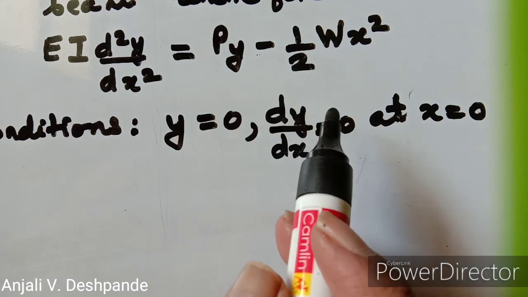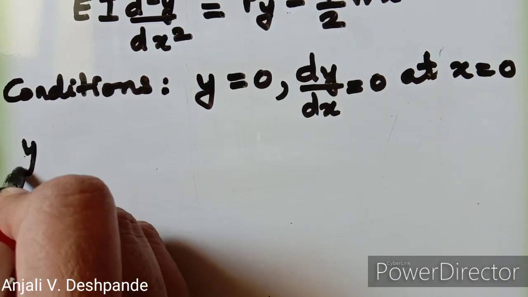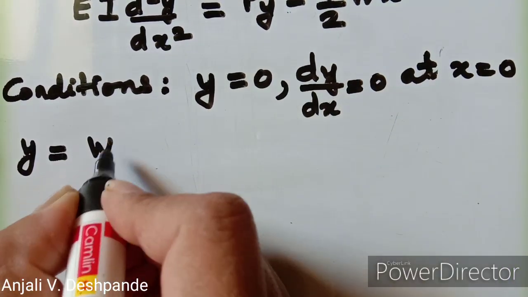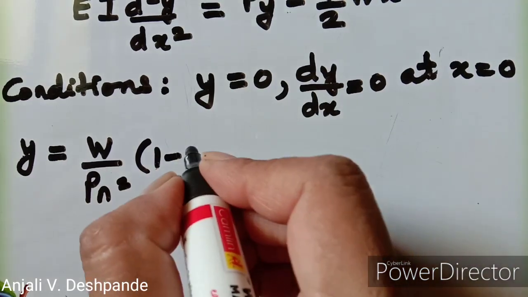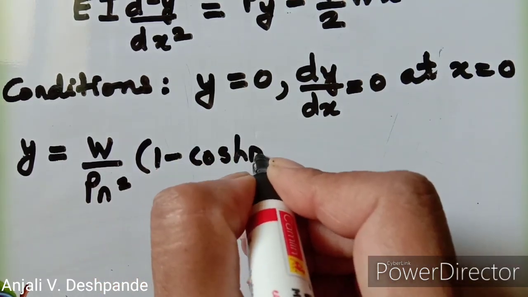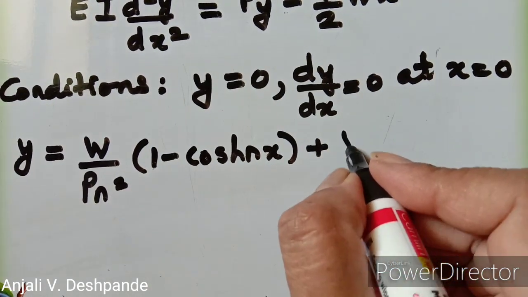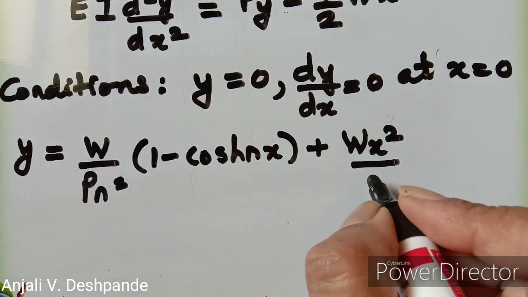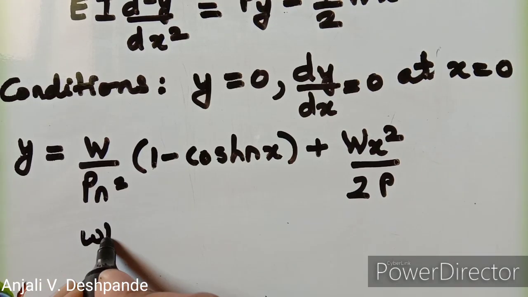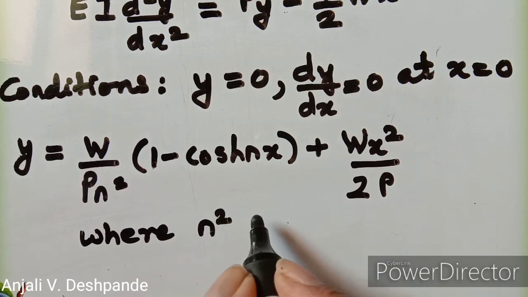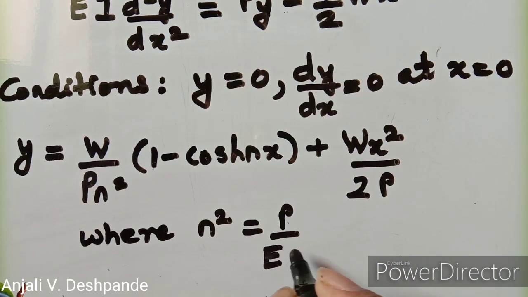We are showing that the elastic curve for the beam, under these conditions, is given by y is equal to w divided by pn square into bracket 1 minus cos h nx, plus w x square divided by 2p, where n square is equal to p upon ei.